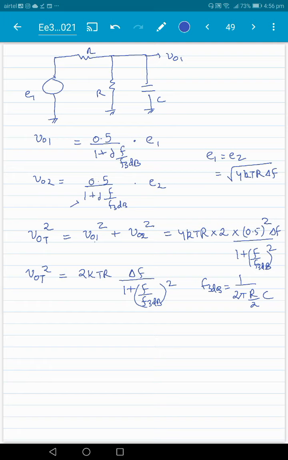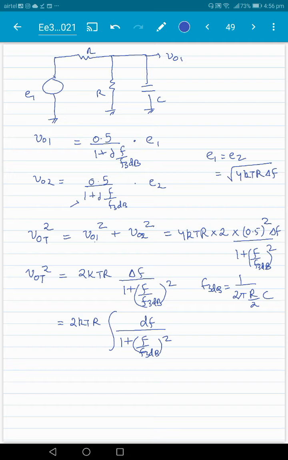And now we want to calculate the net noise, so we need to integrate over the entire frequencies, right? So the net noise would be basically the integral of this: integral 2 kT R, df by 1 plus (f by f3 dB) square.